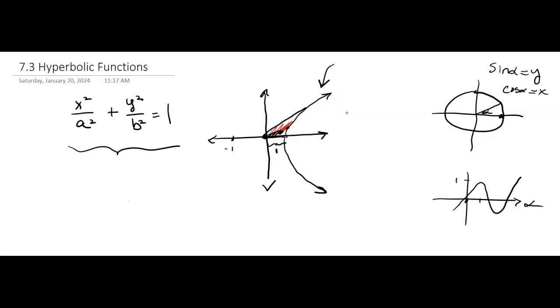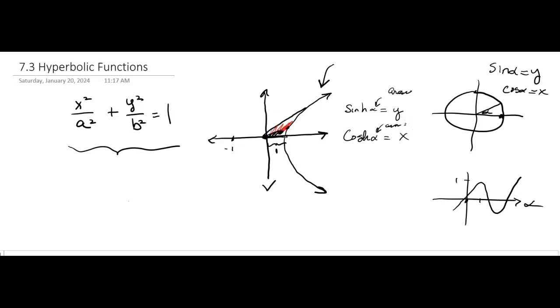And very similar to our trig functions, our hyperbolics, which you'll find very quickly is a trig function with an h on the end. So we call this sinh, the hyperbolic sine of our angle is still the y, and cosh of our angle is the x. But in this case, it's not really the angle we're looking at, it's actually the area.